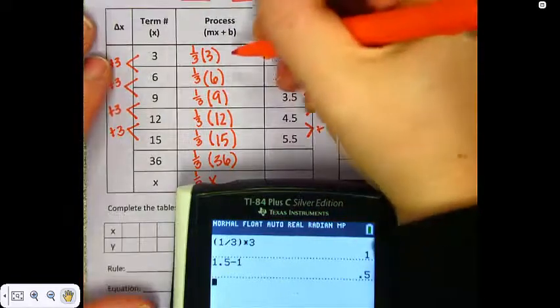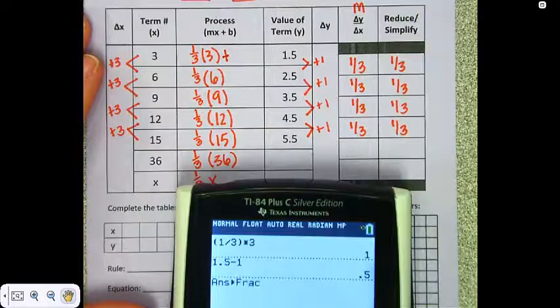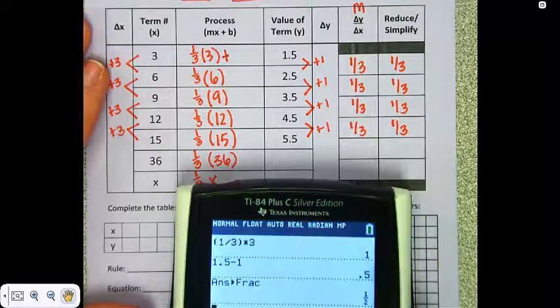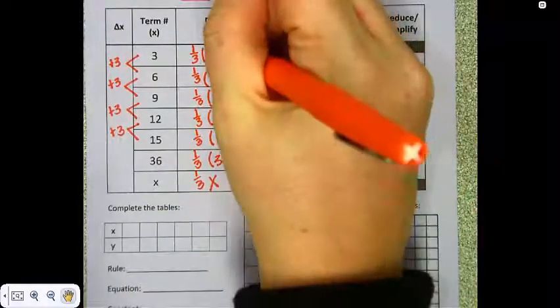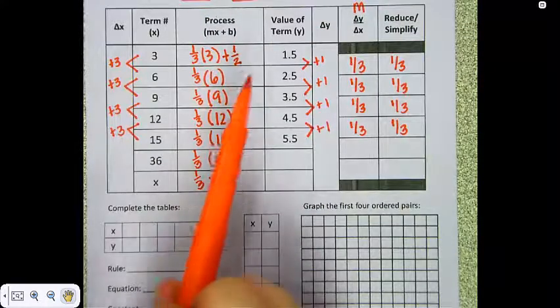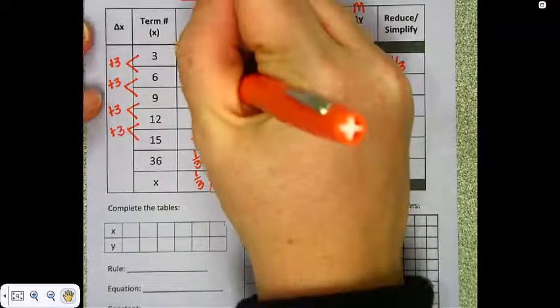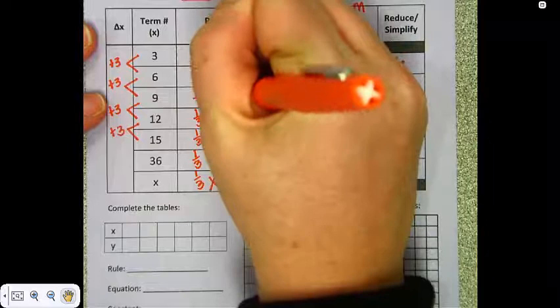That means that I would have to add 0.5. But I'm not going to write 0.5. I'm going to change that to a fraction, and I'm going to write 1/2. Okay, so my coefficient is 1/3, my constant is 1/2. So each time I add 1/2.